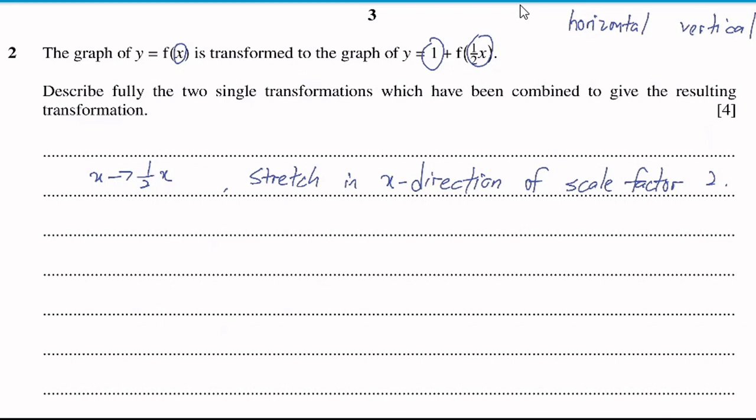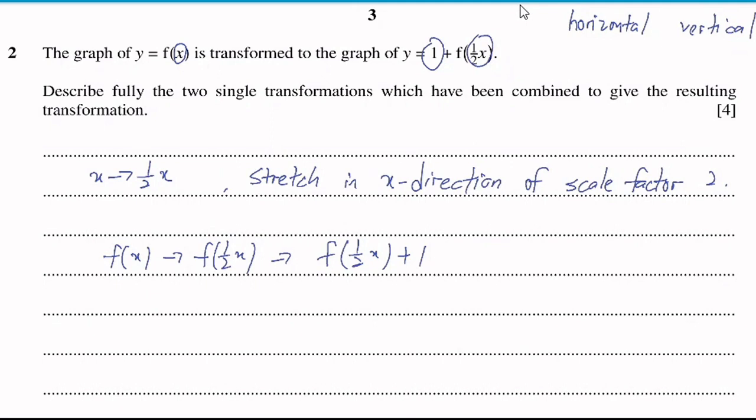So this is for the horizontal. For the vertical, we now have f of half x already, and we want to add 1 to it. This other transformation is a translation: we are just moving the graph up by 1 unit.